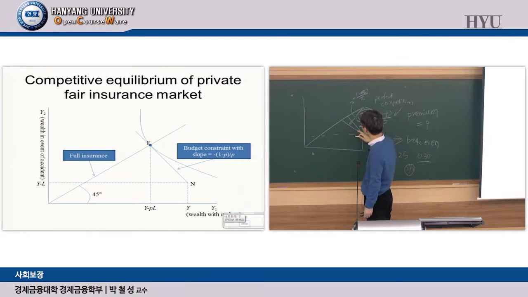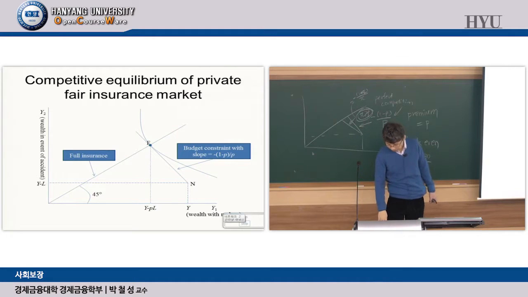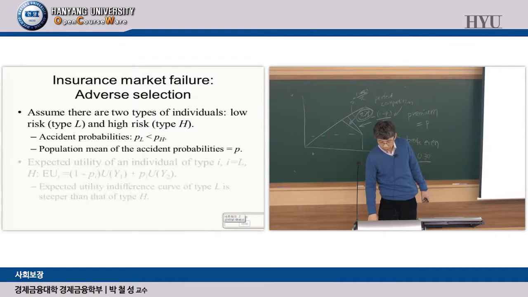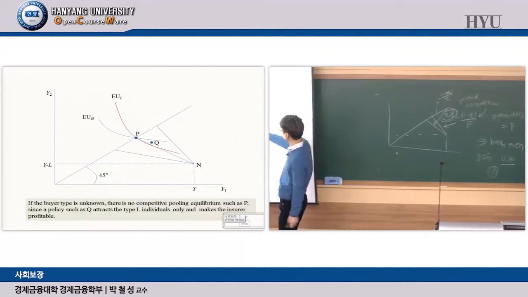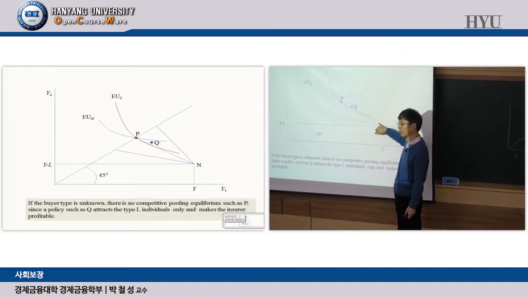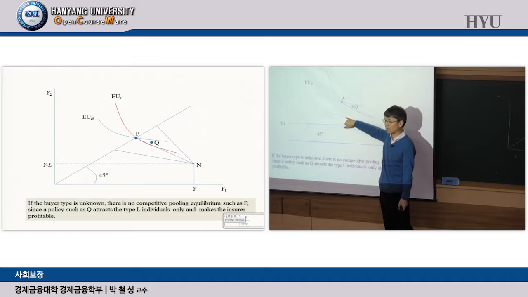So as long as they can charge their clients along a flatter line in the diagram, they can actually make profit. That's what insurance companies want. Now, if you go back to this one, this is the line that comes from the probability of accident of the low risk type, and this is the line that comes from the probability of accident of the high risk type.